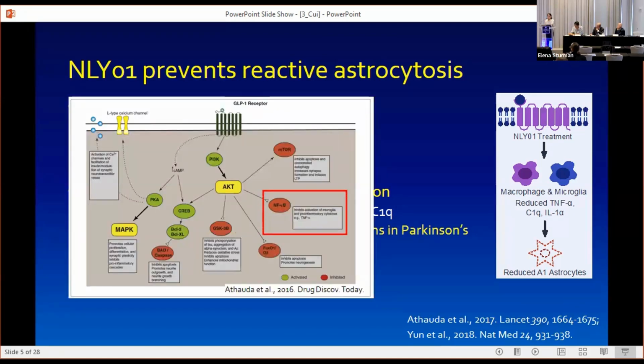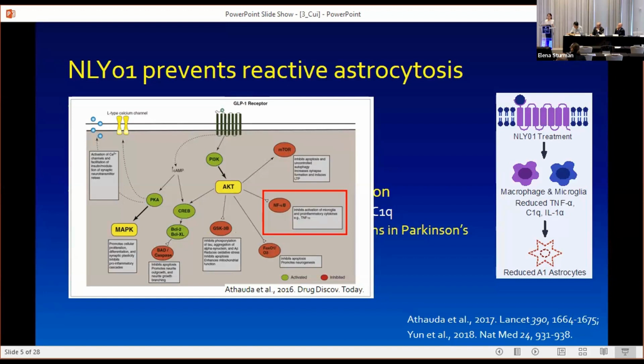So this is all background information before we pursued our own study. What we also know is that GLP-1 receptor activation broadly induces downstream effects that are anti-apoptotic, pro-survival, and also anti-inflammatory.